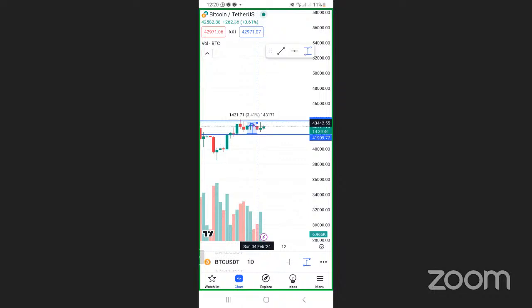So if you had entered the trade, on which day was this? On 1st February, you had taken 3%, and you would have sold on 2nd February. Then you wait for the price to come back to the lower range.